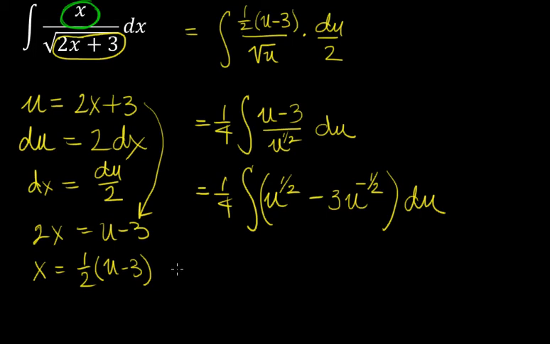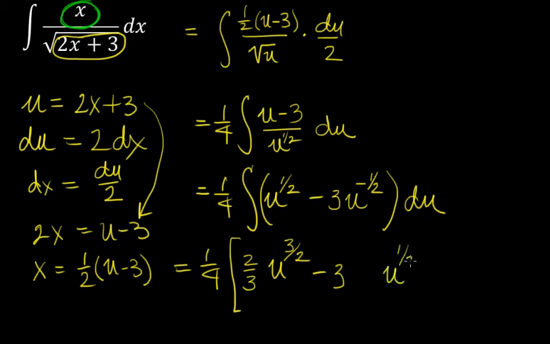Now I integrate in terms of u, and I have 1/4 the integral of u to the 1/2. I'm leaving a little space on the left because I know I'm going to put in the reciprocal of the new exponent. Adding 1, I get 3/2, multiplying by the reciprocal. Minus 3, again I leave a little space.